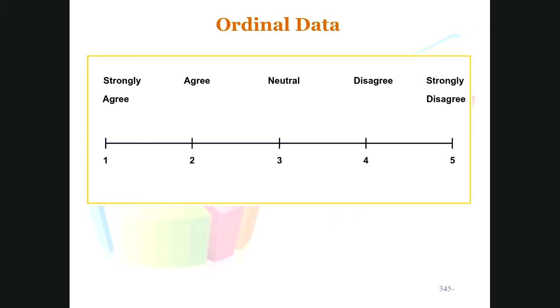So remember, this is not telling you that 5 is better or 5 is worse than strongly agree. People are giving their opinions, and they're just assigned values. It seems like a spectrum because it's going from strongly agree to strongly disagree, from positive to negative, but it could go the other way. So it really doesn't matter what you label the numbers, but it is somewhat continuous, going from positive to negative, or from negative to positive.